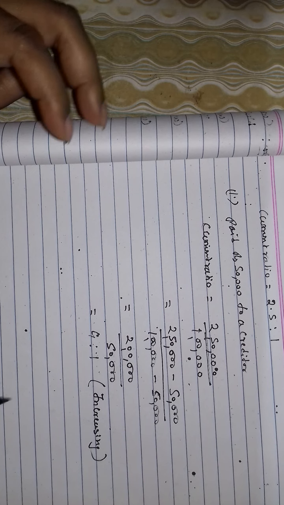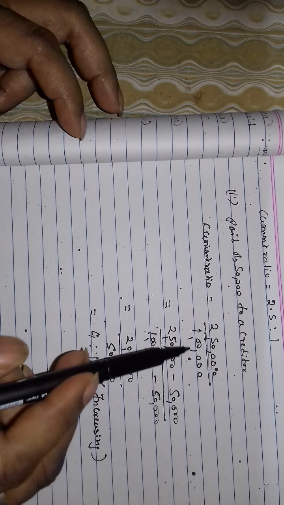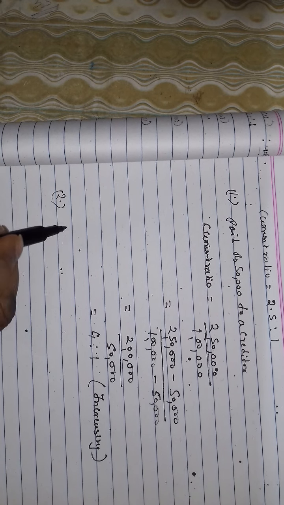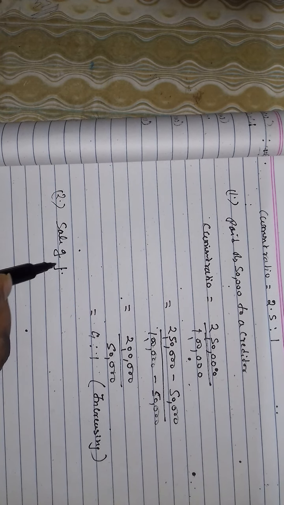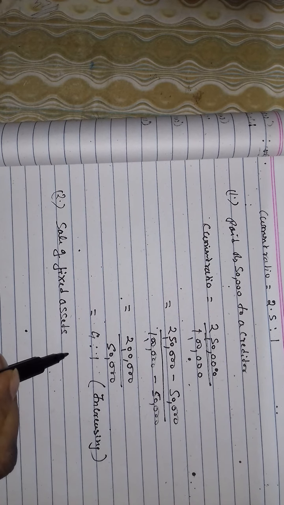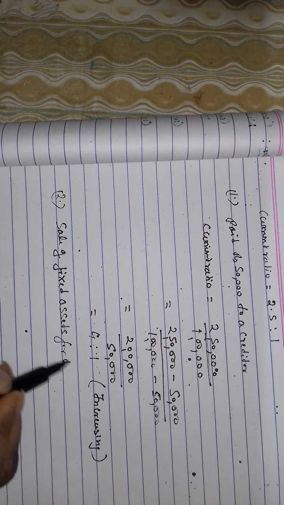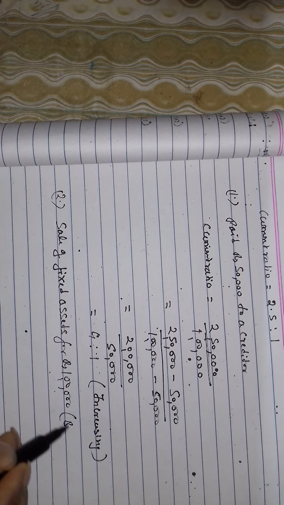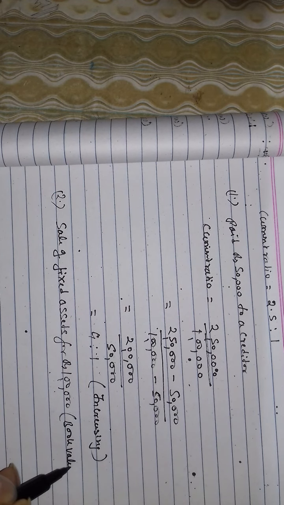Okay, got this thing? Second one is given as sale of fixed assets for rupees 1 lakh of the book value of 1,20,000.